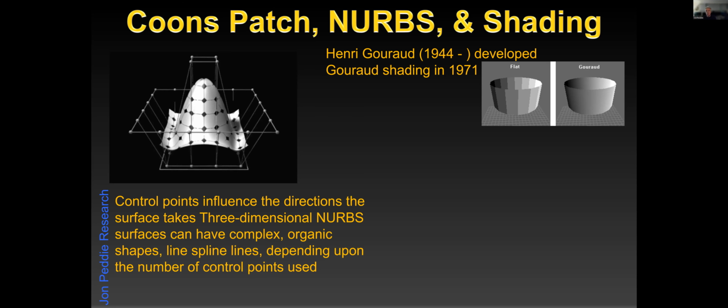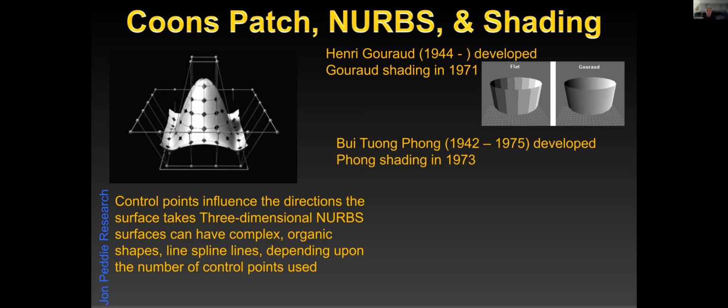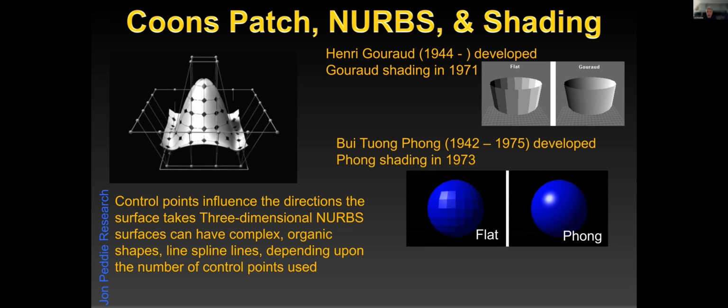And Henry Garreau is one of them. He took facets, which is the picture on the left here, flat shaded things, and smoothed those together with math to make a nice smooth surface. The next step was to do it three-dimensionally in a sphere. And Fong did that. And both of these guys were working either directly or as consultants to the automotive industry.